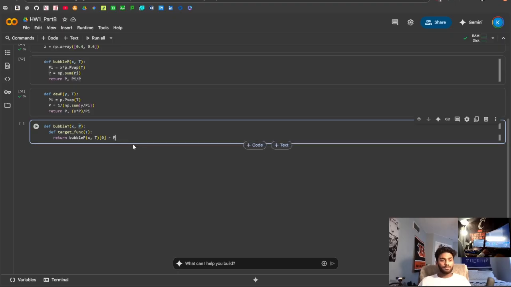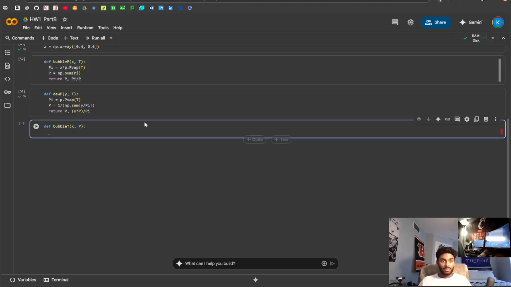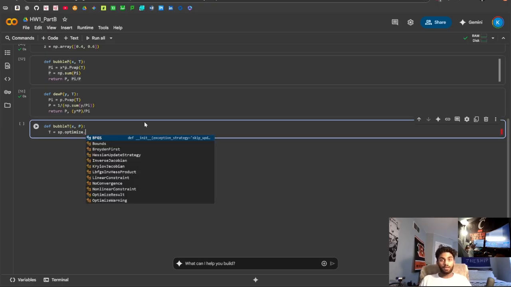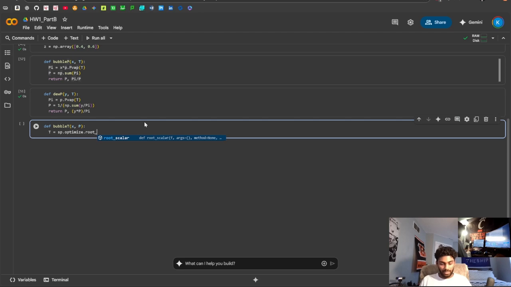But instead of doing it this way, where we have nested functions and it kind of just looks a little bit more complicated, another way that we do this is we use something called the SciPy optimize library. And the specific function we're going to be using is called root scalar.